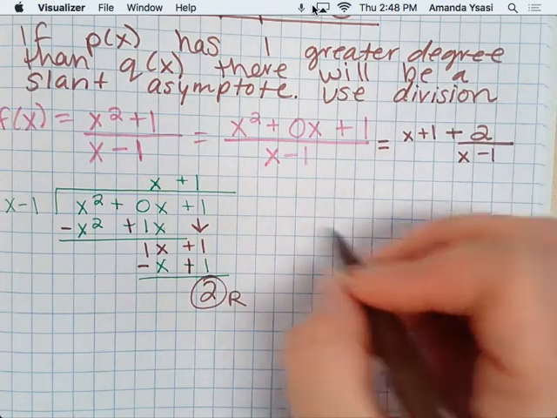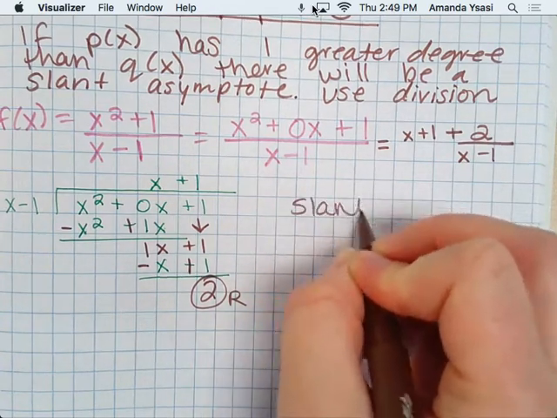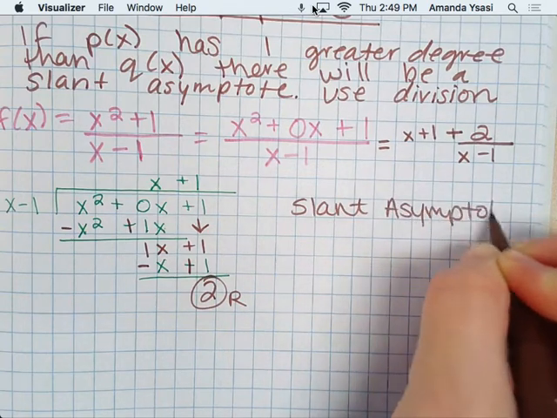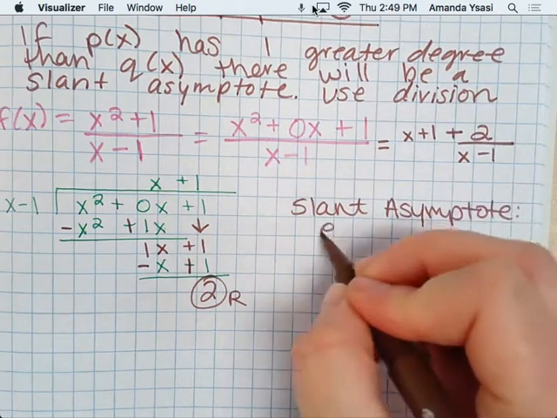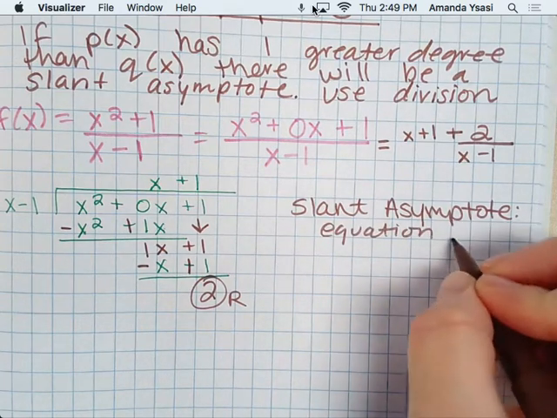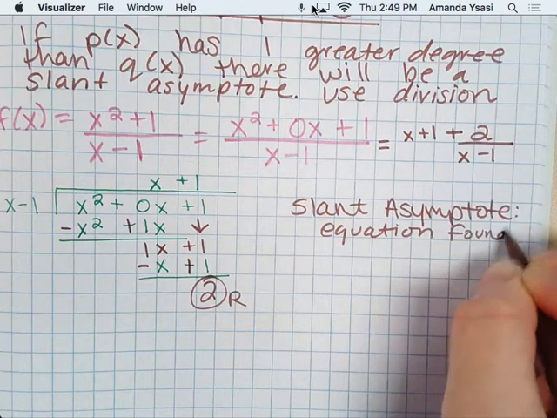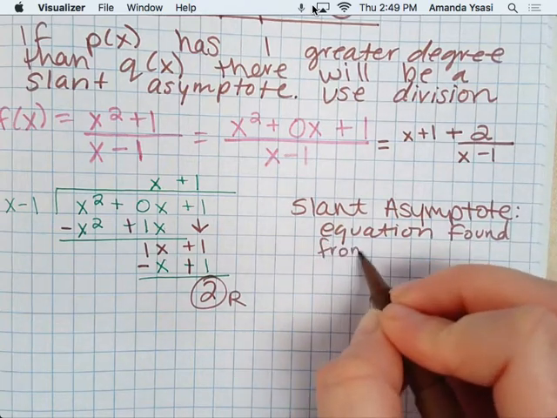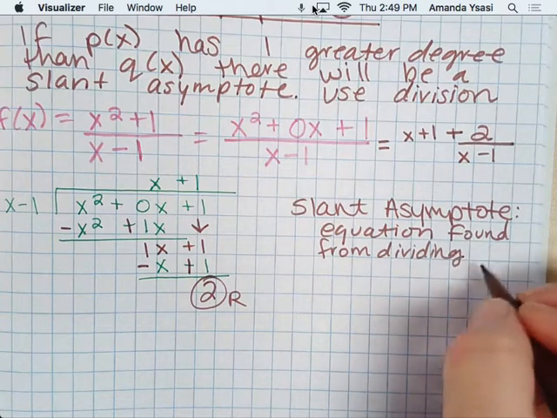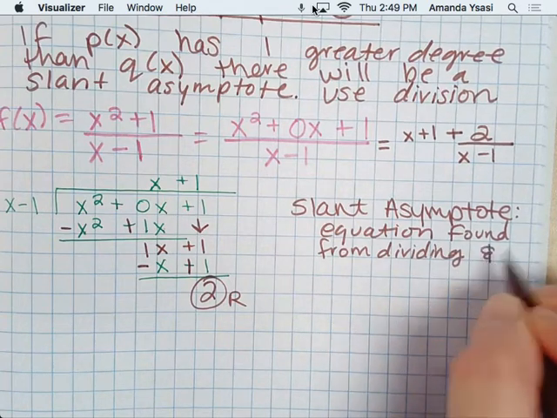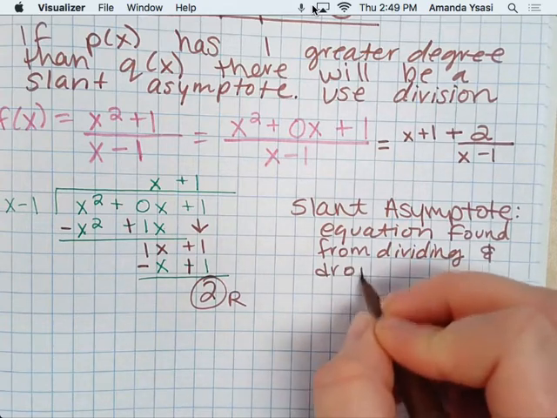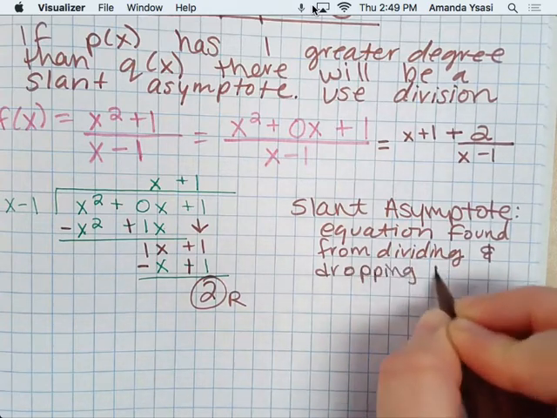So to find our slant asymptote, it is the equation found from dividing, and dropping the remainder.